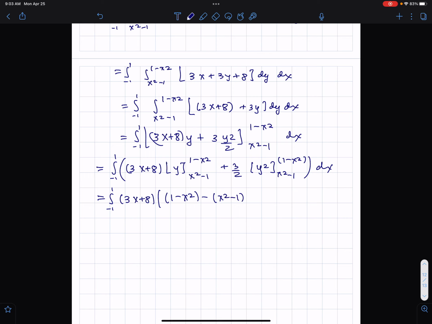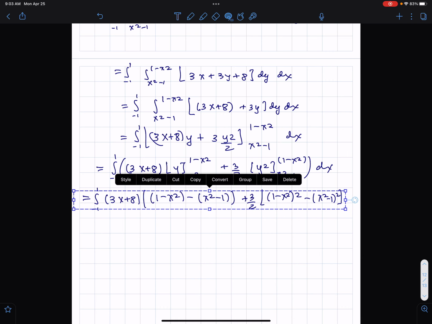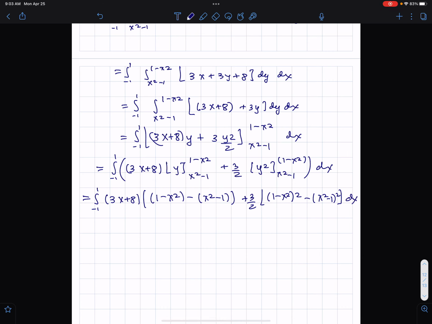So that is going to give us some simplification. And then I have 3 halves, and then I have 1 minus x squared squared minus x squared minus 1 squared, all of this dx.